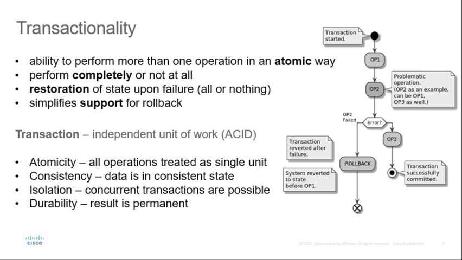Isolation means that concurrent transactions may be running and they do not influence each other. Durability: if a transaction was done, it was done permanently. It wouldn't change even if the system fails, for example after a power failure. This requires the transaction to be recorded in some permanent memory.